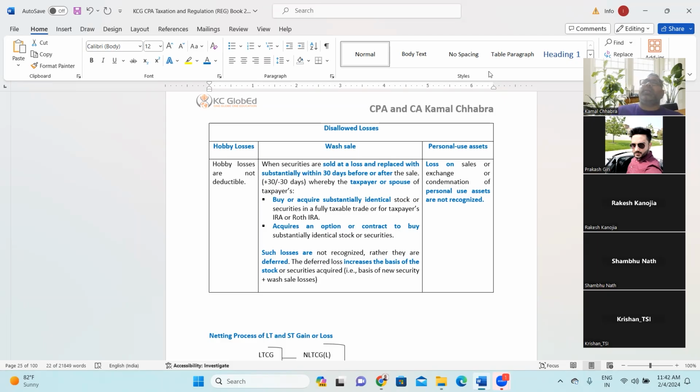But on the other hand, if the hobby is your business, for example, you initially started singing songs out of hobby, but slowly and gradually you converted that into your profession, then it will be your professional income and loss, and all the deductions or expenses similar to business nature are allowed. But if it is just a hobby, then the deduction is not allowed because it's your personal thing. Make sense?